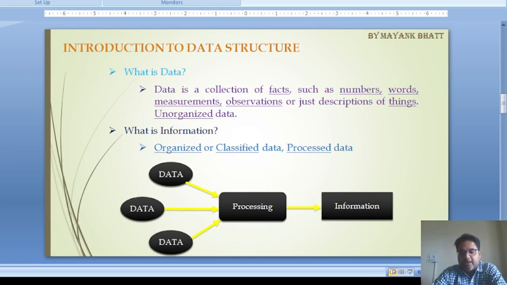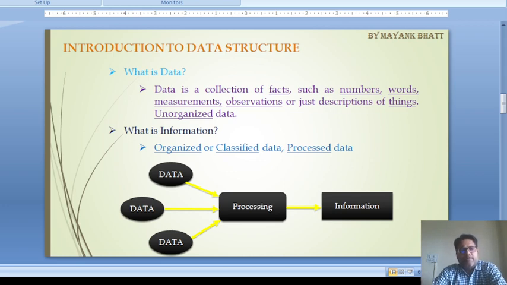You can see that there are lots of data available in the figure. After processing and organizing that data accordingly, the combination of all of it is simply termed information, which is useful, organized and classified. So that is information, and the difference between data and information.